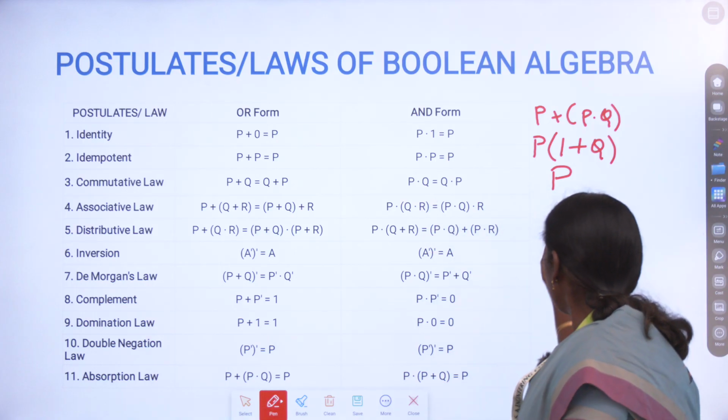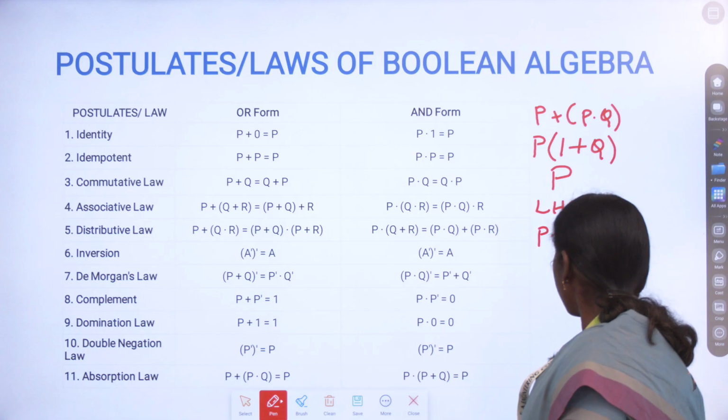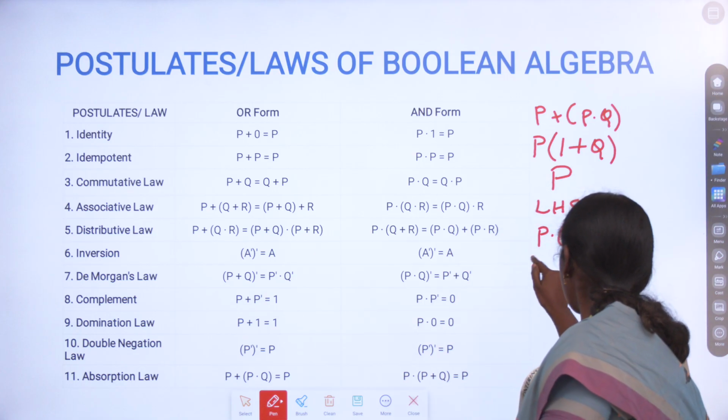Similarly, in AND form, we have LHS as P dot P plus Q. So let us expand this.